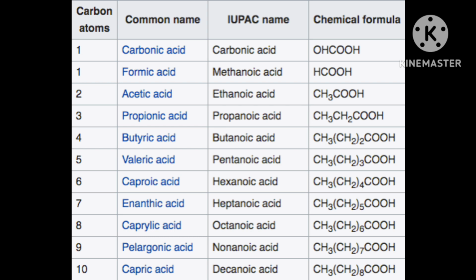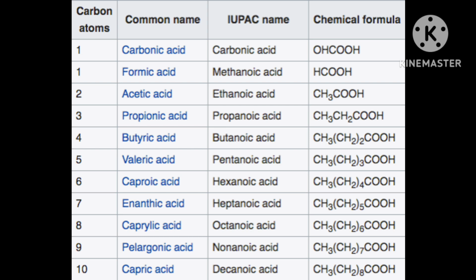Now next I am telling you, that is malonic acid. This is the common name, COOH, in the middle CH2 is there. Means with CH2, 2 COOH groups are attached. Total 3 carbons are there. Then its common name is malonic acid.